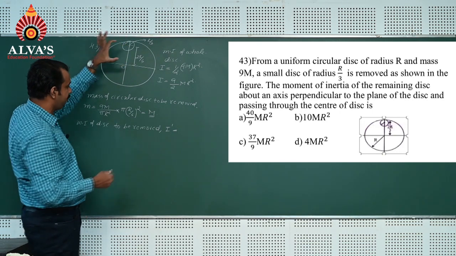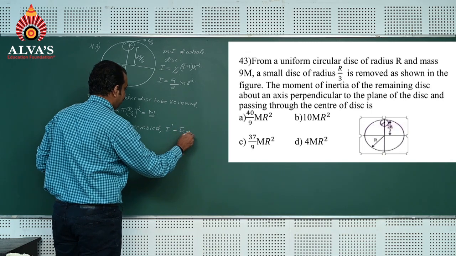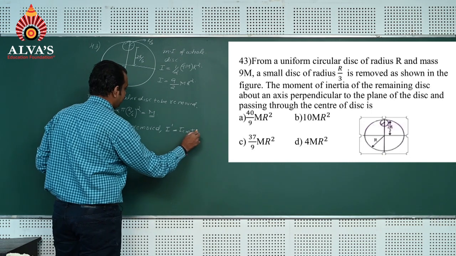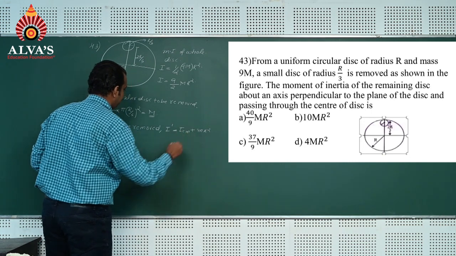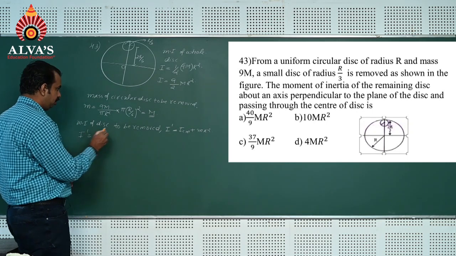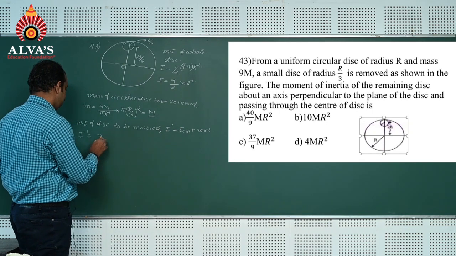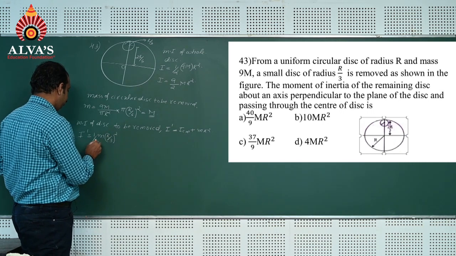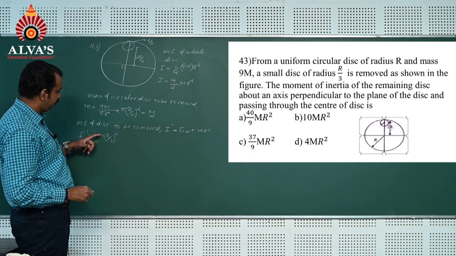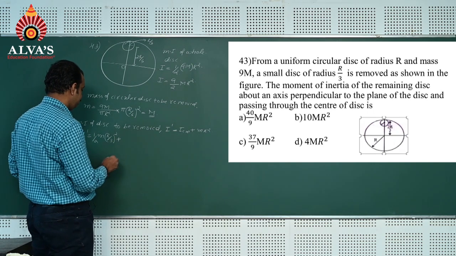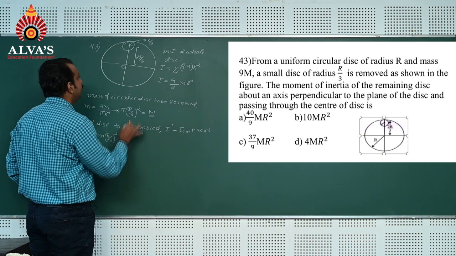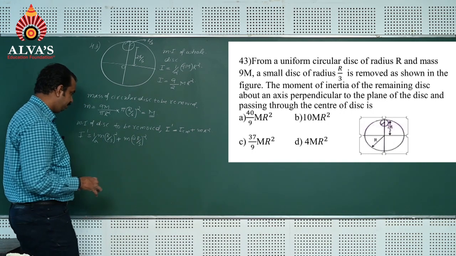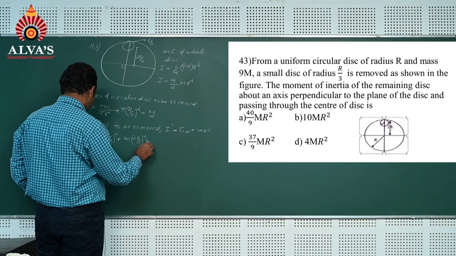That is ICM plus m into x square. I dash is equal to 1 by 2 m into r by 3 whole square, plus m into 2r by 3 whole square.